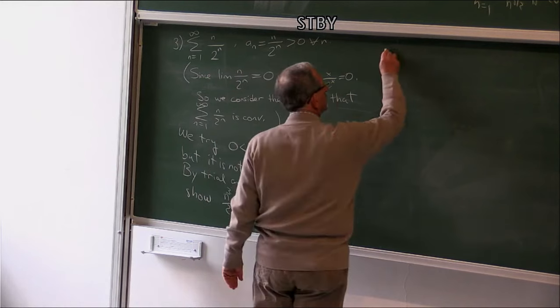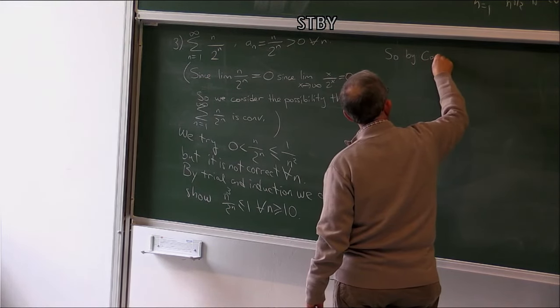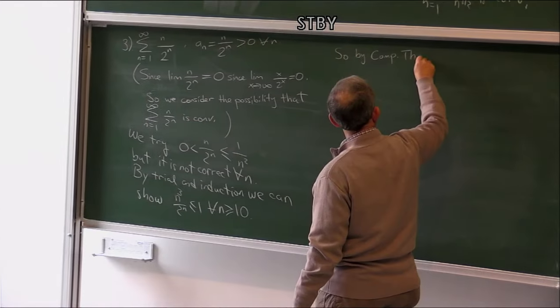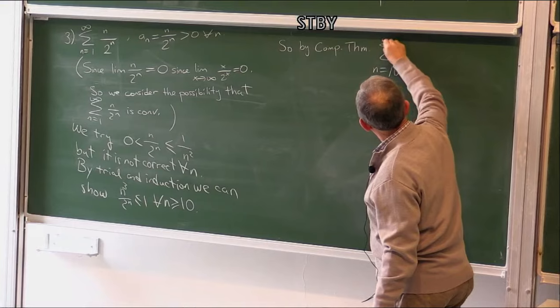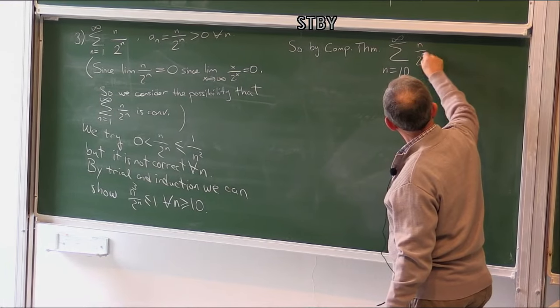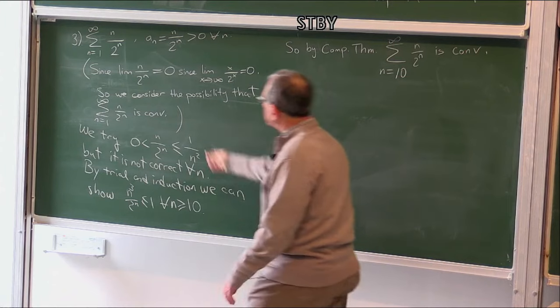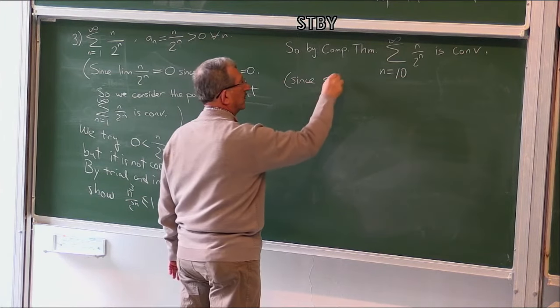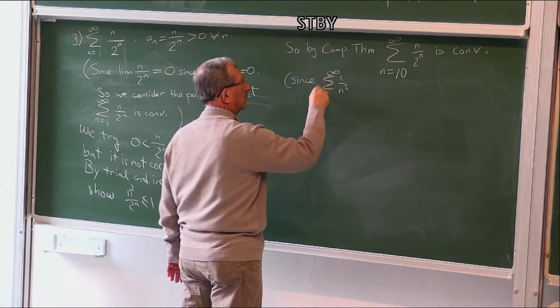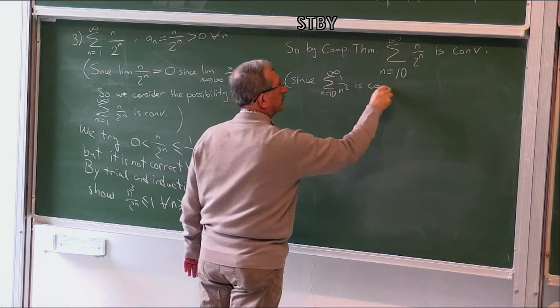So, this says that by the comparison theorem, the series starting with 10 is convergent, because the second one is convergent.